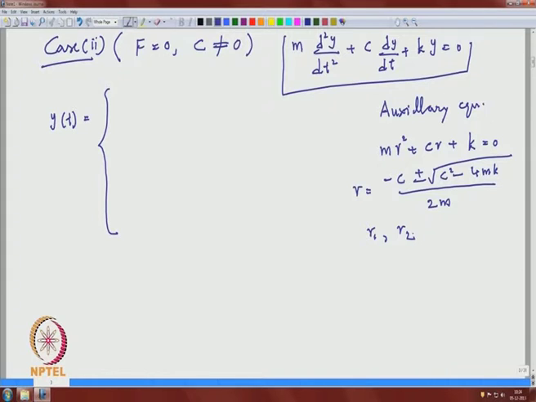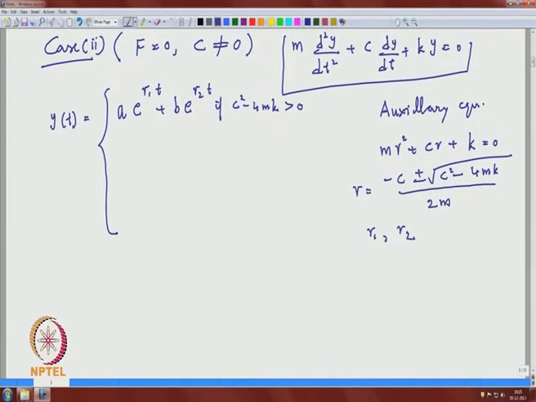If c squared minus 4mk is positive, you have two real roots, and when it is 0 there is a double root, and all of them you know. Accordingly, you can write down the solutions: A e power r1 t plus B e power r2 t, if c squared minus 4mk is positive.